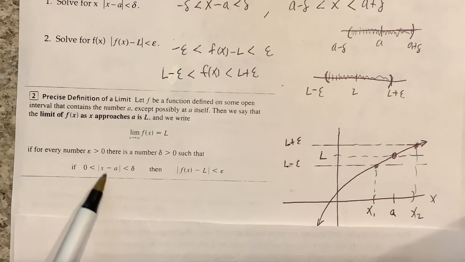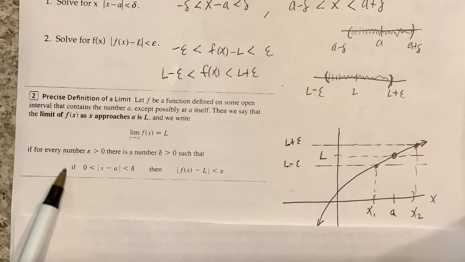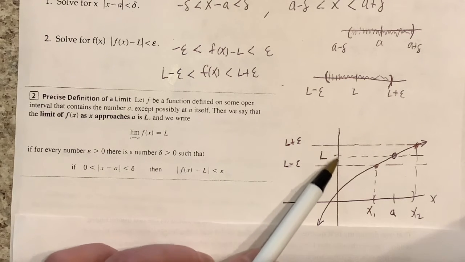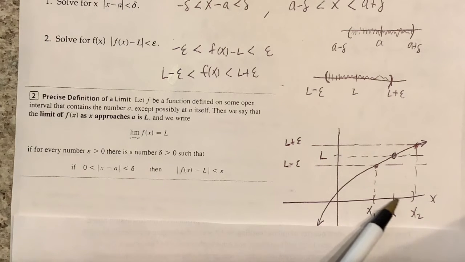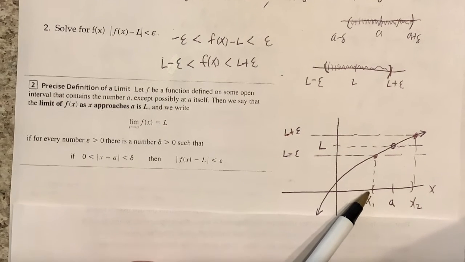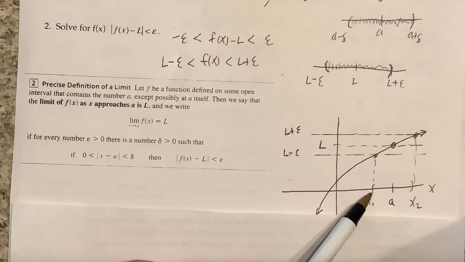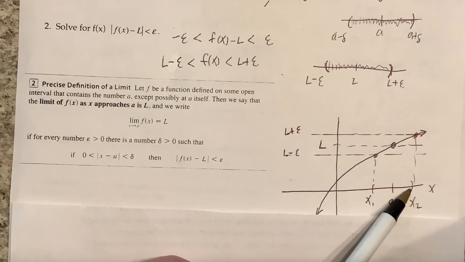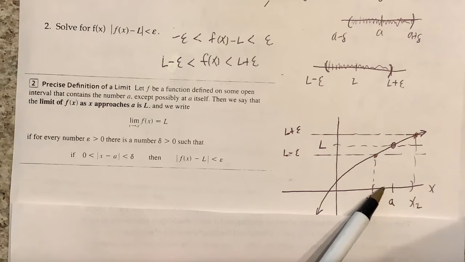So that's the definition. Now, in these homework problems, you are going to be given an epsilon, in other words, the error bound on the y-axis around L, and you have to find the corresponding delta interval around A. And the way we're going to do it is we're going to find these two x values where the graph crosses the error bound around L, x1 and x2, and then we're going to find the distances they are from A, and whichever distance is the smaller distance, that's what we're going to call delta.